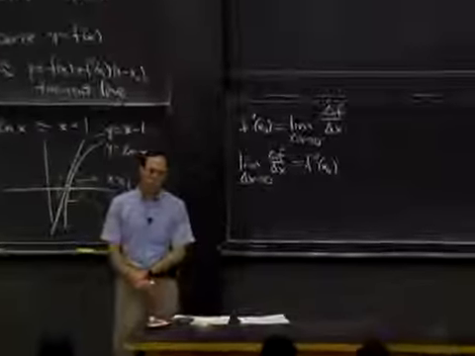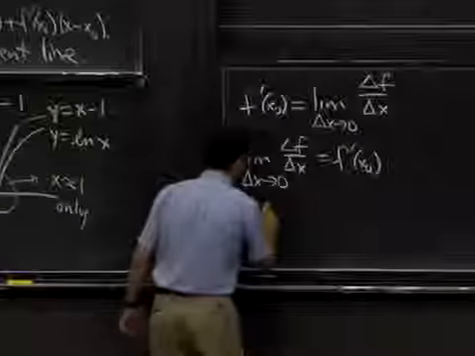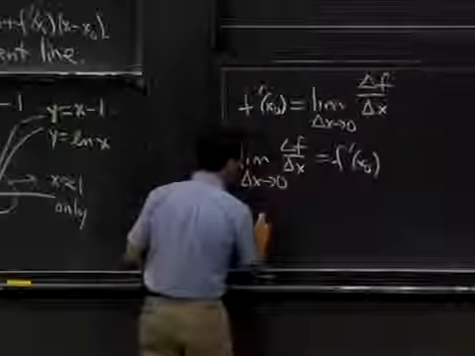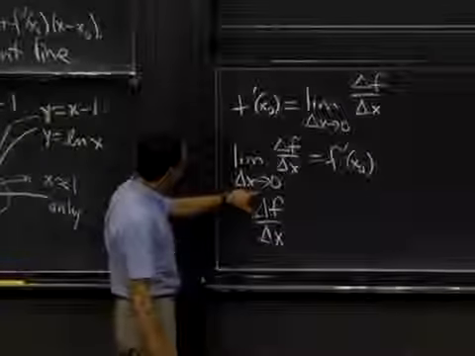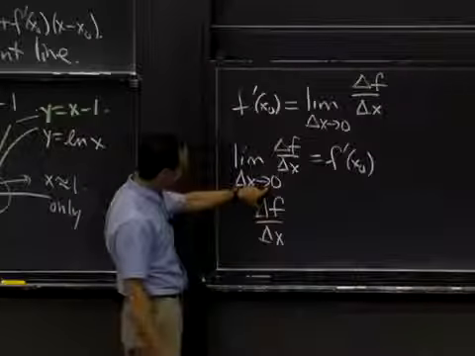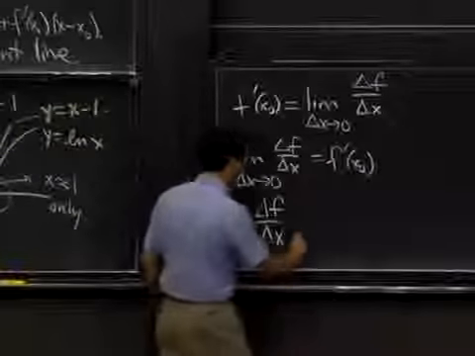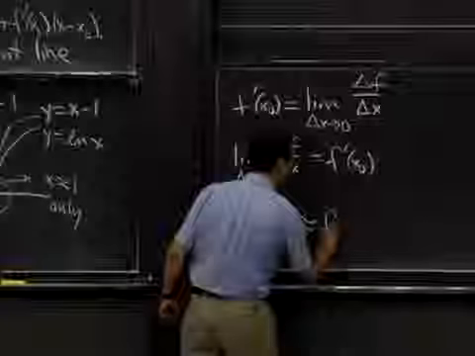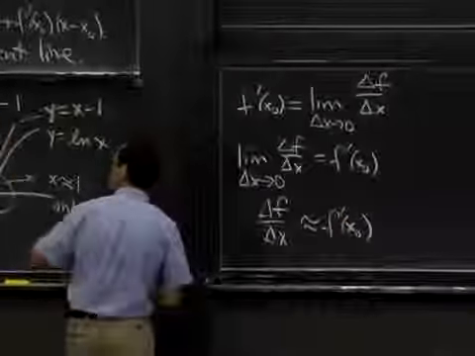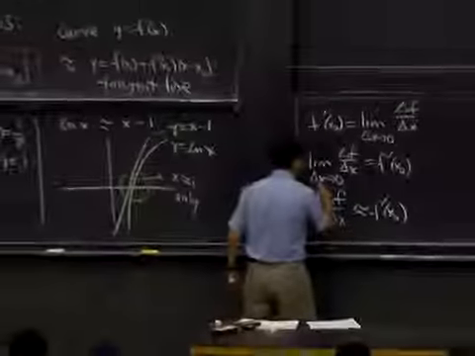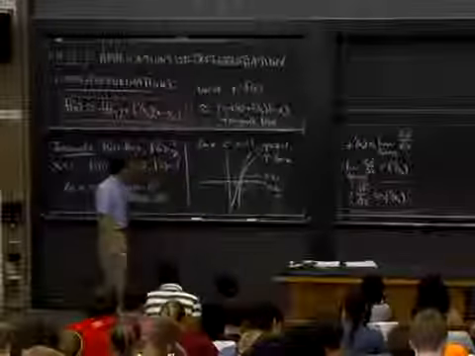Now, what's new about what we're going to do now is that we're going to take this expression here, delta f over delta x, and we're going to say, well, when delta x is fairly near 0, this expression is going to be fairly close to the limiting value. So this is approximately f prime of x0. All right, so that, I claim, is the same as what's in the box in pink that I have over here.